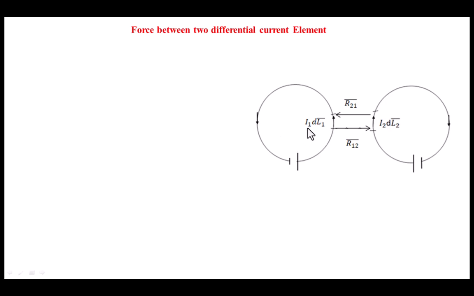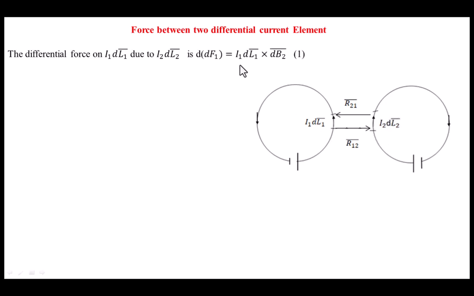The force on the first current element due to the flux created by the second current element is given by I1 dl1 bar cross dB2 bar. dB2 bar is the differential flux density at this point due to this current element.